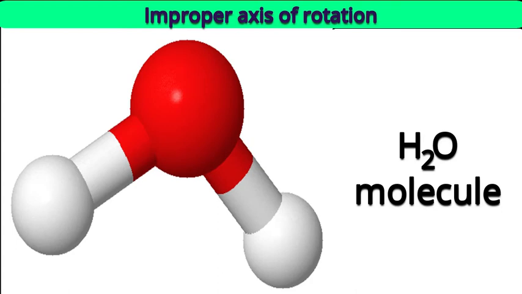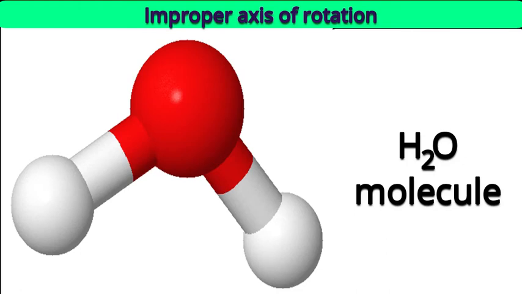But conventionally we represent the plane, whatever it may be, vertical, horizontal or diagonal, in spite of the S1 operation. So who has the right of representation? The plane has the right. So we will not consider S1.